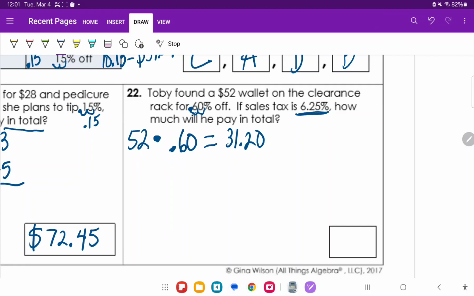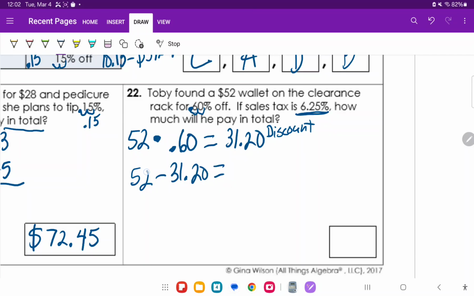All right, so now to calculate what the actual sale price is, if it helps you, you can write discount right there. That's the amount of the discount. So then what we're going to do is take the 52 minus the 31.20.